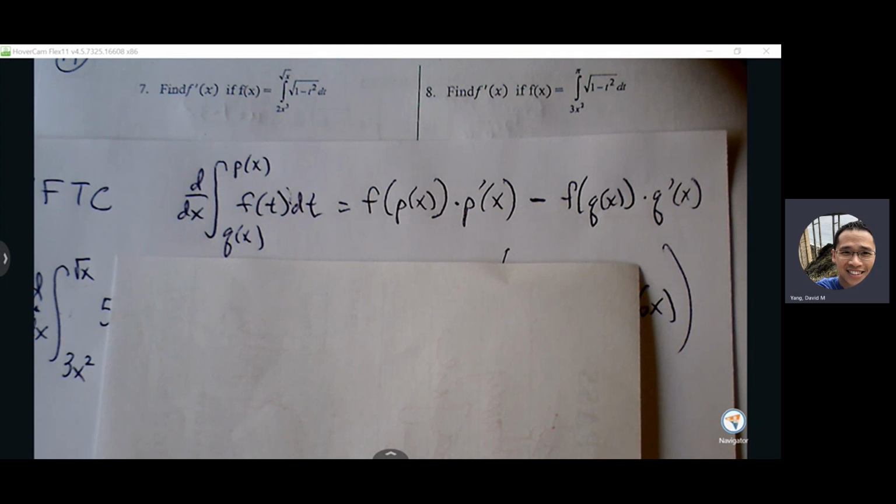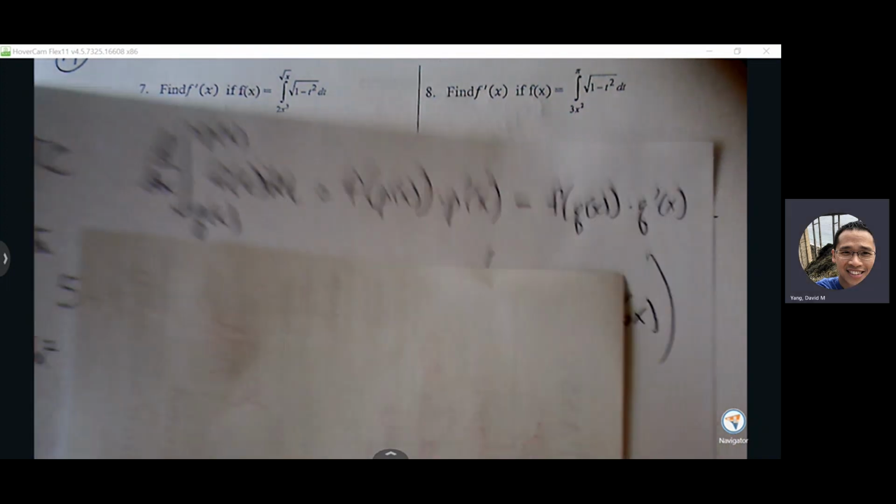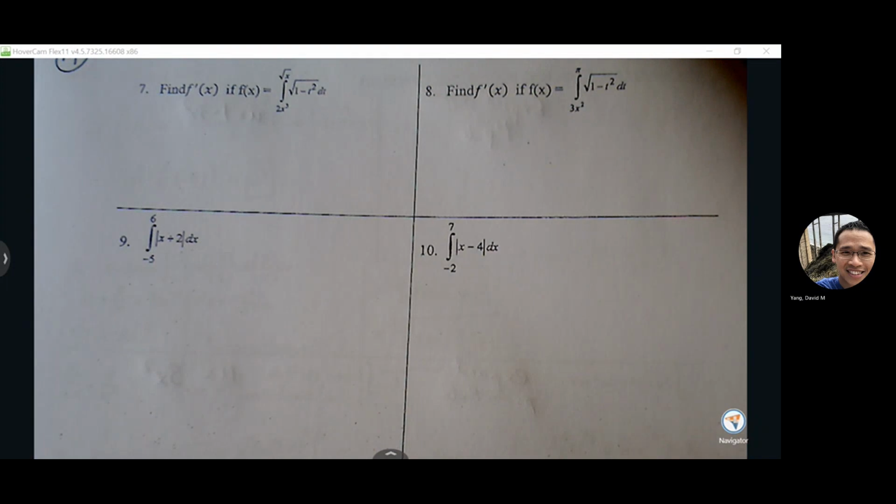Then if the lower bound is also a variable, we do the same thing as with the upper bound, f of q of x times q prime, with a minus in between. Okay, so we'll go through those two.